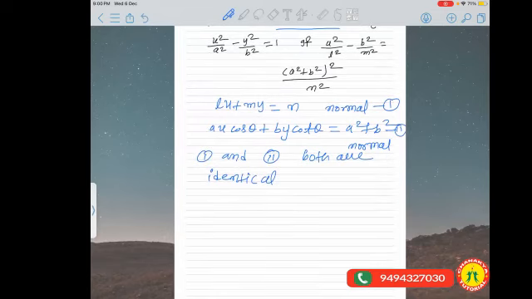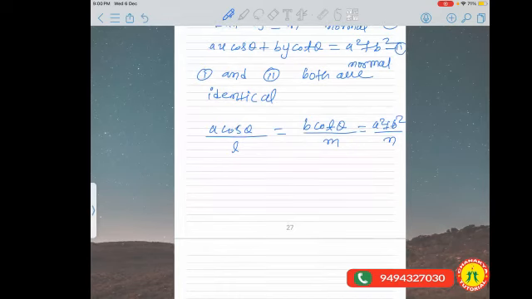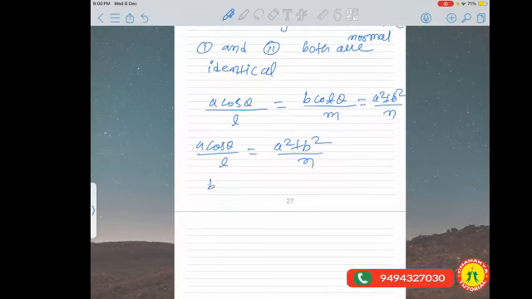कोफिशिएंट रेशियो जो होगा वो सेम होगा, coefficient of x and y का। सो a cos theta by l is equal to b cot theta by m is equal to (a square plus b square) by n. सो यहाँ से आपको क्या मिल जाएगा? cos theta, right? So a cos theta by l is equal to (a square plus b square) by n, every time compare with constant, and b cot theta by m is equal to (a square plus b square) by n.